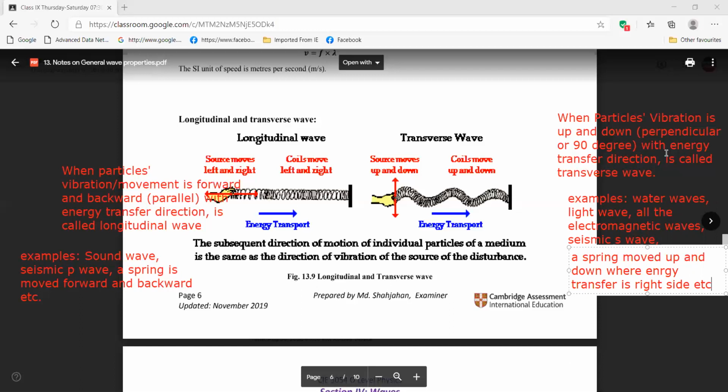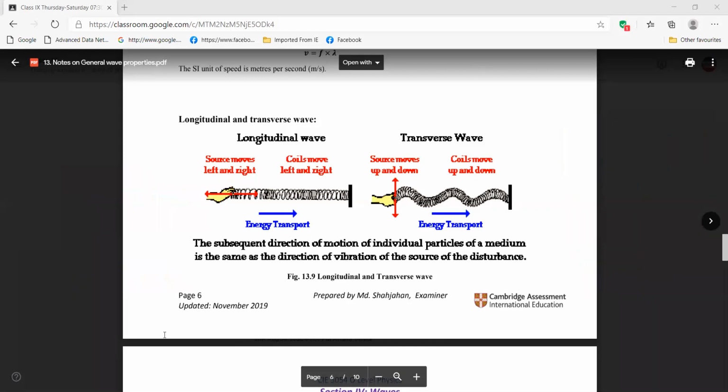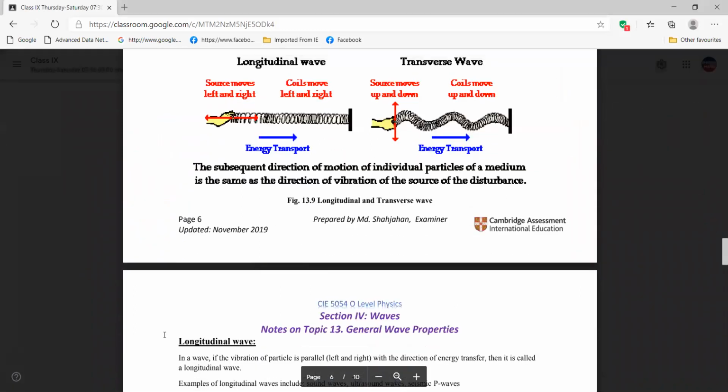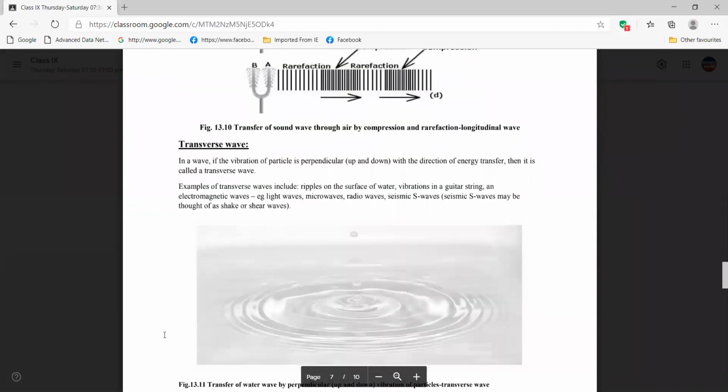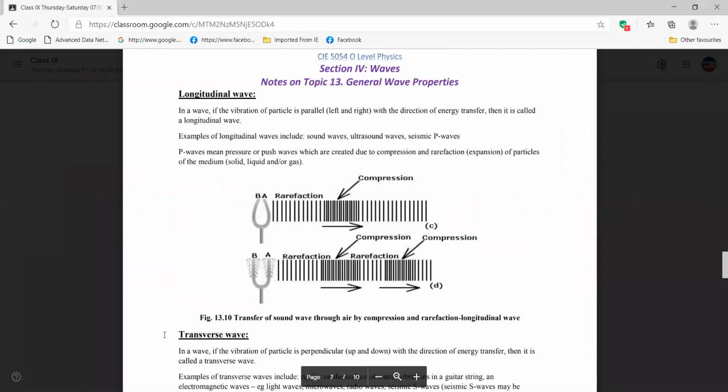So longitudinal and transverse wave, you are clear, right? Any questions here? You understood everything. We can go to the next part. Okay, so you see here longitudinal waves, we have compression and rarefaction, right?